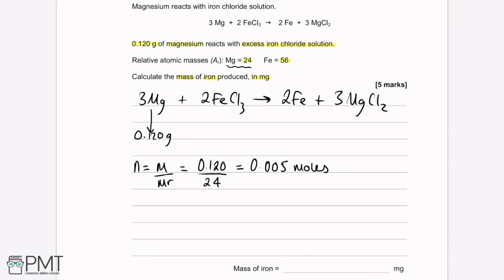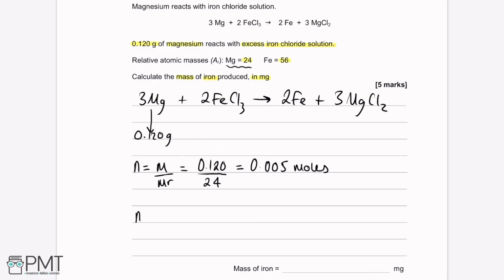Now we are concerned with iron, this one. So now we need to compare the molar ratios. So 3 moles magnesium goes to 2 moles of iron. So we now need to convert that molar ratio to work out the moles of iron.